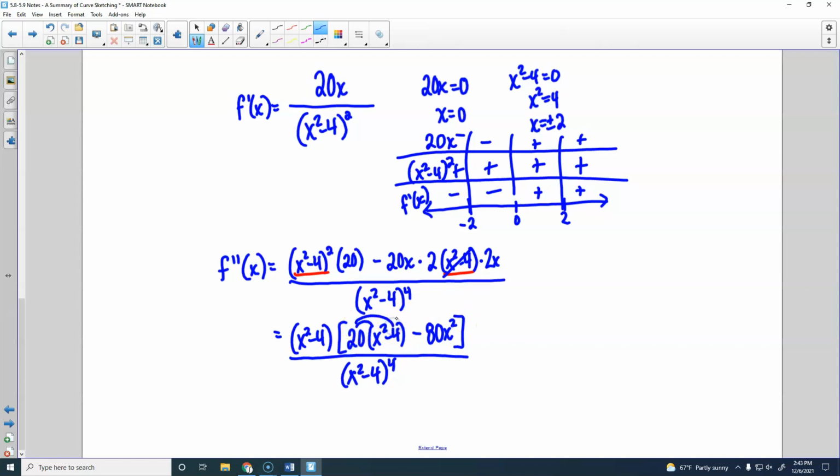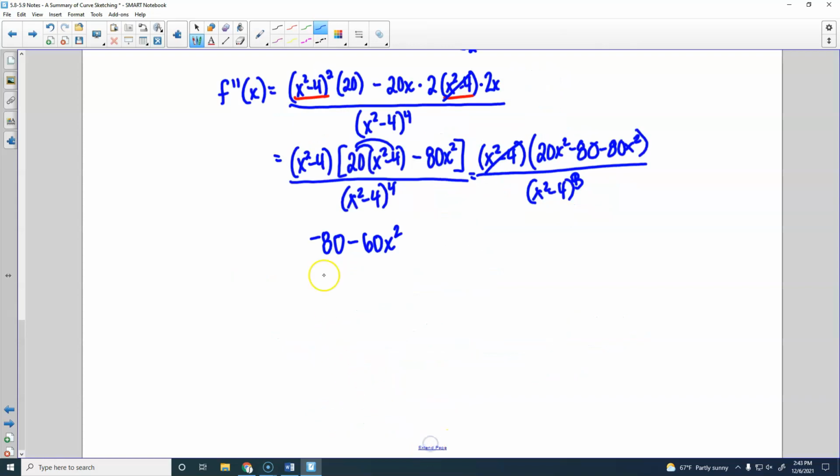So we'll distribute here, and we will get 20 x squared minus 80 x squared over x squared minus 4 to the 4th power. So you can cancel one of the x squared minus 4s with one of these 4 of them down here and make that 3. You're going to have negative 80 minus 60 x squared over x squared minus 4 to the 3rd power.